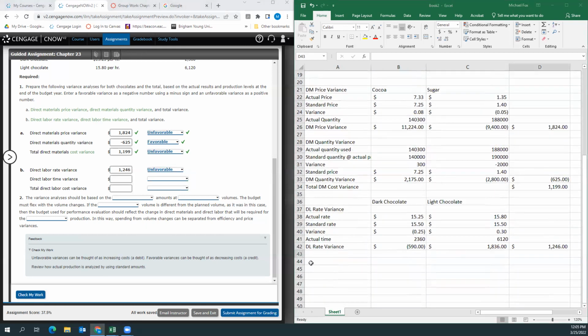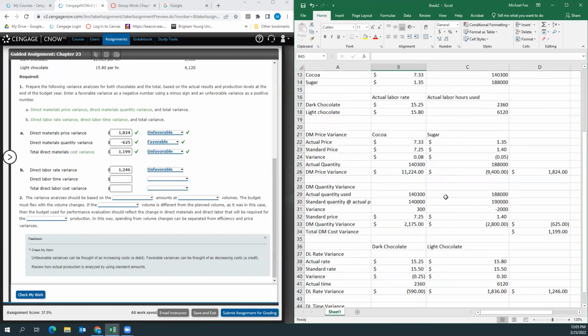Okay, now we're going to do our direct labor time variance. So again, we'll start with our actual time. And again, that actual time, we did it up here, remember, and we just pulled it from right here, actual labor hours used.